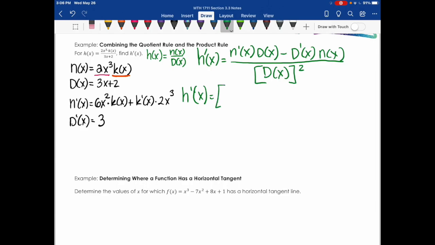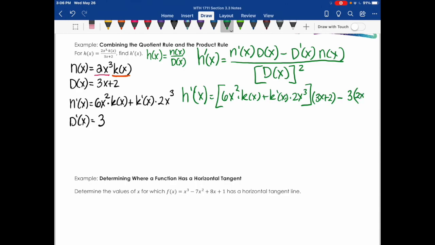So I have h prime of x to be n prime, which we found to be 6x squared times k of x plus k prime of x times 2x to the third. So that's our n prime, and we multiply that by d of x, which is 3x plus 2.